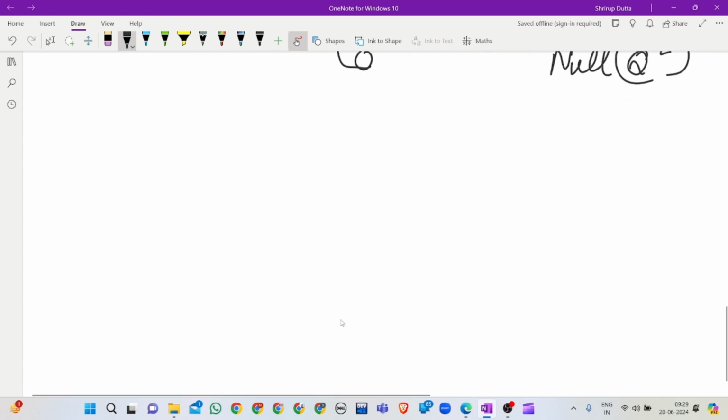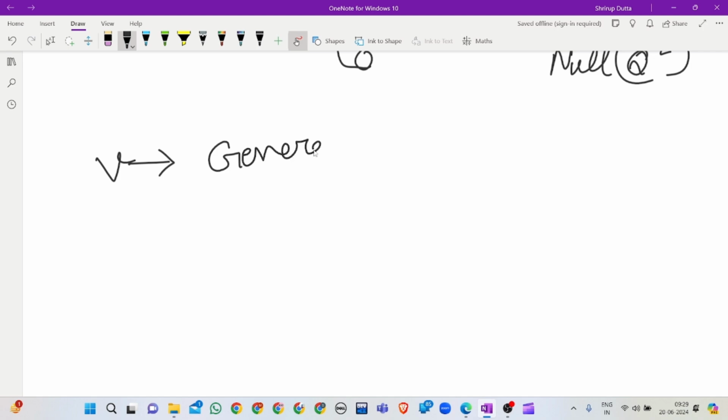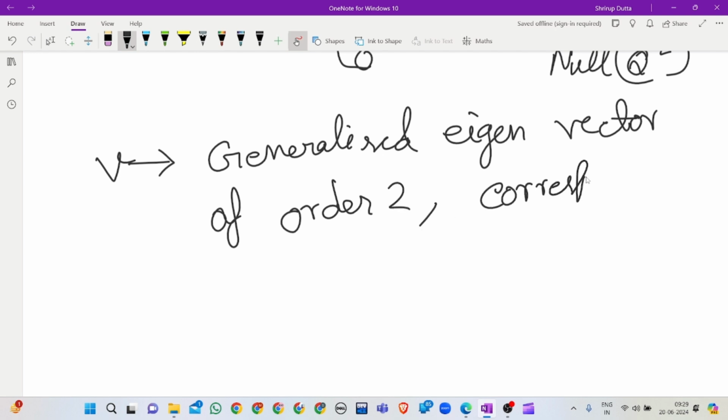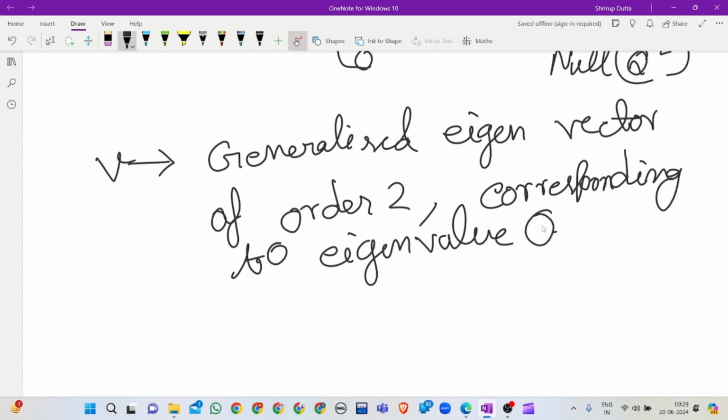So another vector v corresponding to eigenvalue 0 is a generalized eigenvector of order 2 corresponding to eigenvalue 0. So it is not an eigenvector, it is a generalized eigenvector.